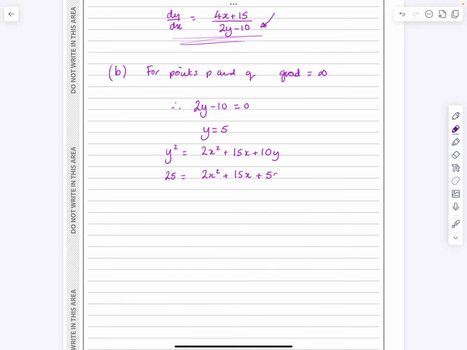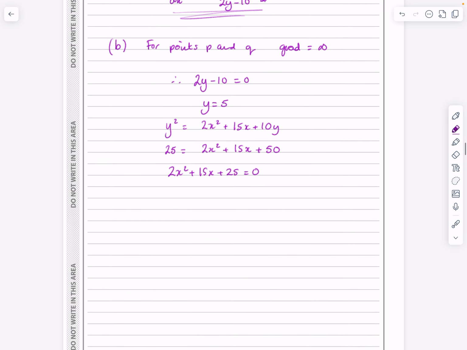And then, as I say, I know now I'm going to have to solve this as a quadratic, so tidy this all up, make it equal to 0. 2x squared plus 15x plus 25 equals 0. Now, if you're not very strong with quadratics, just stick it into the quadratic formula. I'm pretty sure, given the nature of this question, this probably factorizes, so let's have a go at trying to do that. And again, you can do the slow quadratic factorization where this value is greater than 1.